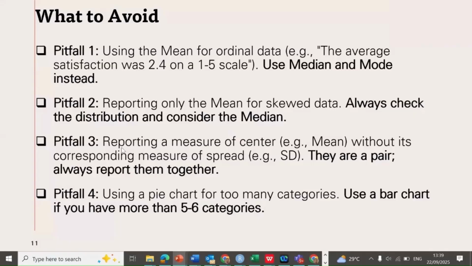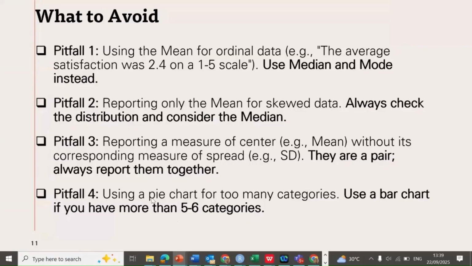The third pitfall is reporting a measure of center without its corresponding measure of spread. So when you report a mean, it is important to also report the standard deviation, the variability of that mean. When you're reporting a measure of center, let it always be accompanied by a measure of spread, because they are always a pair and they should be reported together.